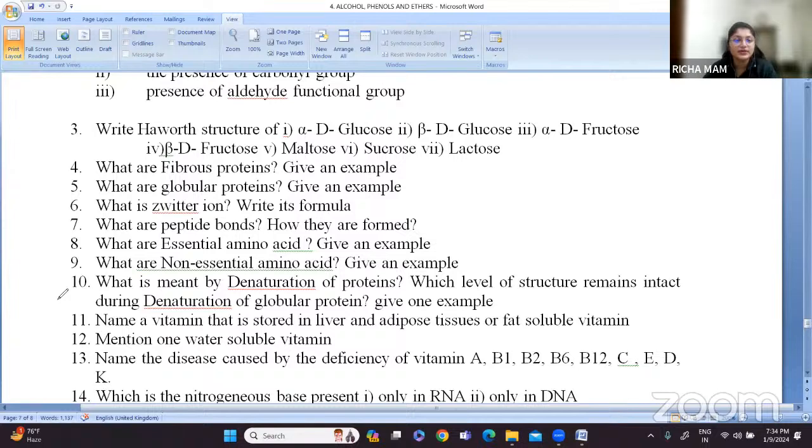Remember this. Next question. Name a vitamin that is stored in liver and adipose tissues, or a fat soluble vitamin. Students, please name a vitamin that is stored in liver and adipose tissues, also called a fat soluble vitamin.